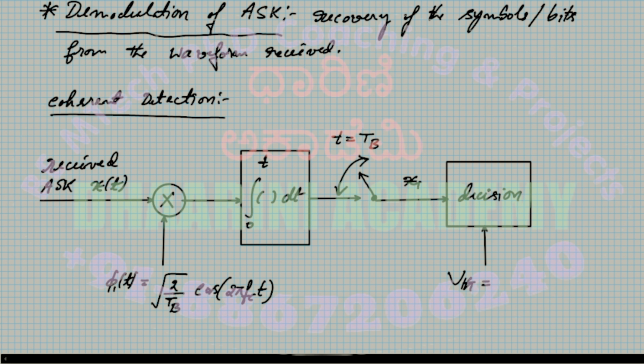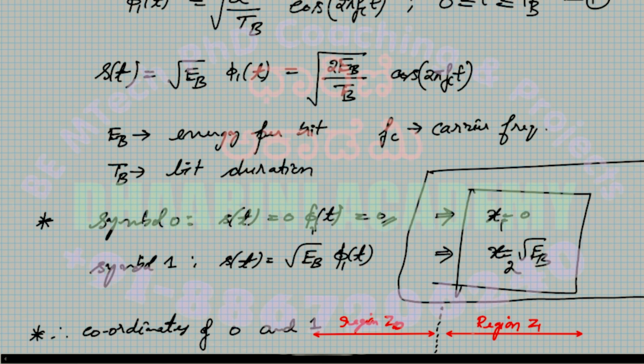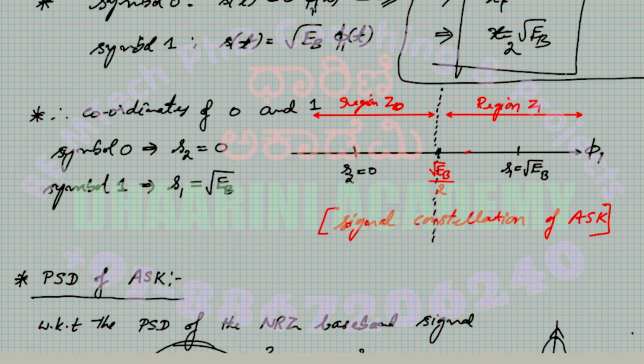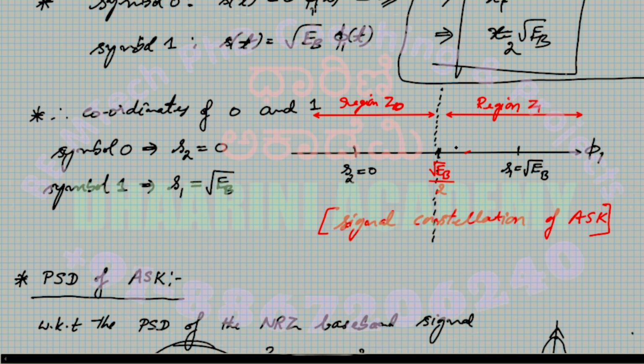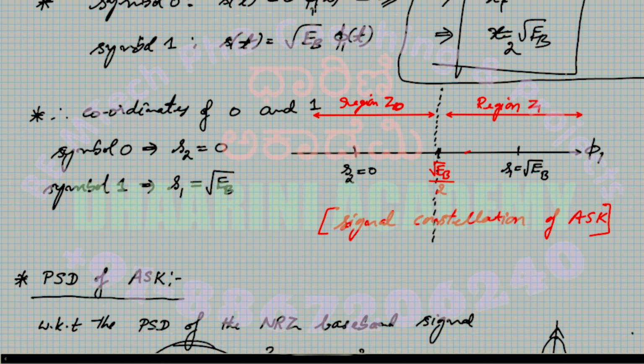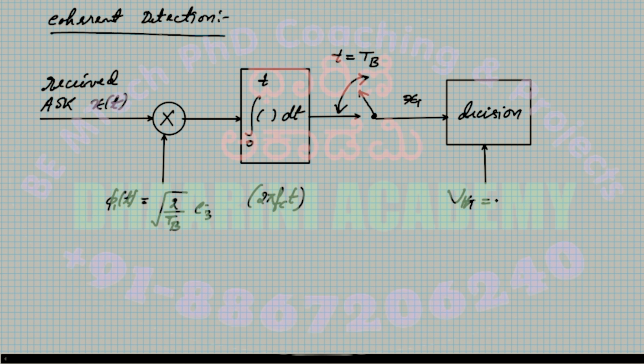Let's quickly refer to the constellation diagram of ASK, where we already defined a threshold in the previous session. One symbol is S2 equal to 0, the other symbol is S1 equal to root of EB, and the midpoint, root of EB by 2, is considered as the threshold. We use the same thing now as the threshold.